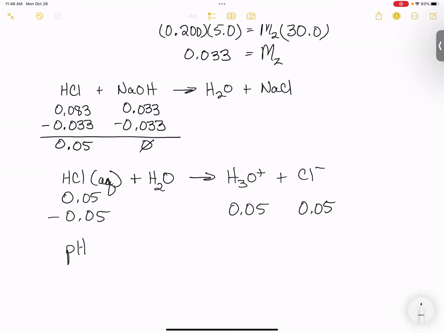So our pH is equal to the negative log of the hydronium, which is equal to the negative log of 0.05, which is 1.5, I believe. No, 1.3.